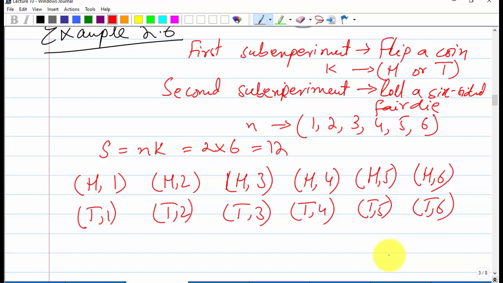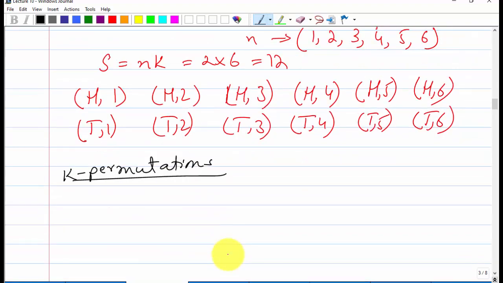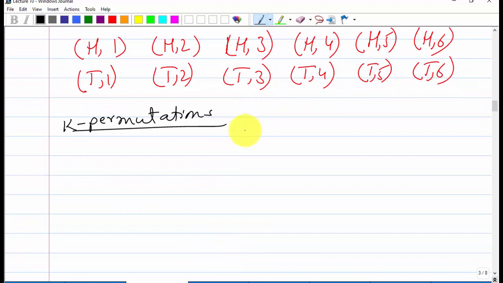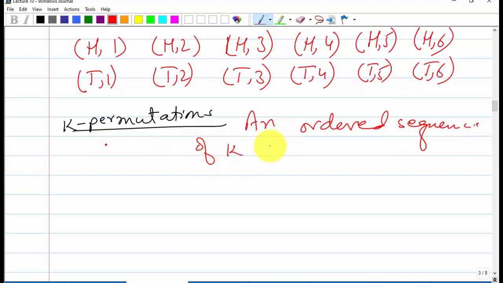So next we have k permutations. K permutations means an ordered sequence of k distinguishable objects.